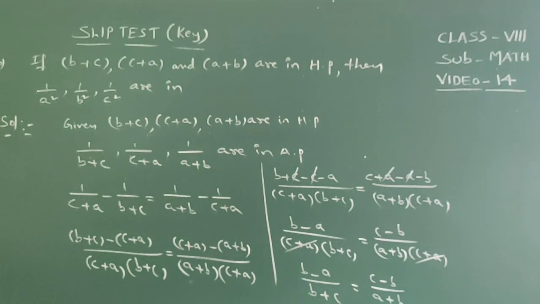Afterwards, in the numerator c plus a, in the LHS part and in the RHS part also we have c plus a. So those also get cancelled. Those are individual terms in product form. If you transfer c plus a, it becomes the numerator, so they cancel. So finally we got b minus a by b plus c equals c minus b by a plus b.